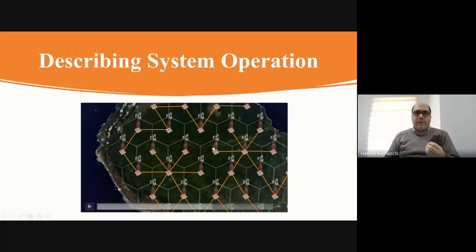When we are located in one of these cells, for example, this is our location. When we want to talk with the other person who is in this location, we send our electromagnetic wave signal to this tower, and this tower sends the electromagnetic wave to this tower.